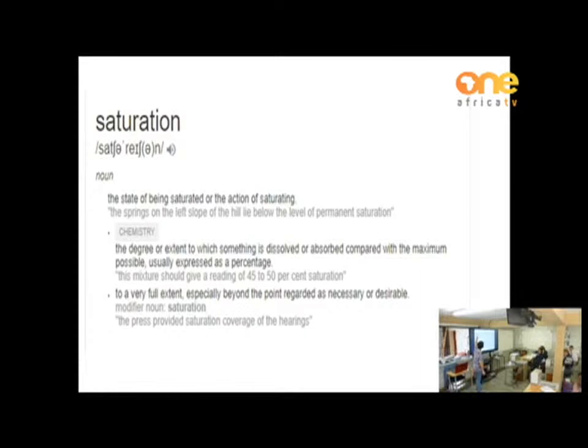Saturation is the state of being saturated or the action of saturating. So when I have a beaker full of water and I add sugar and I add sugar and I dissolve it, I will reach a stage where it is saturated with sugar.